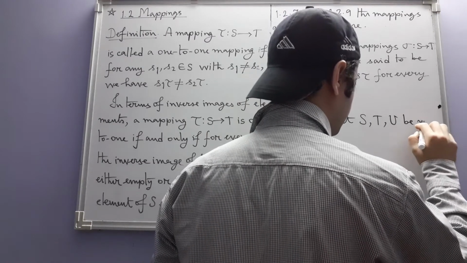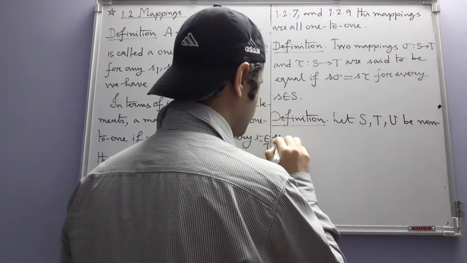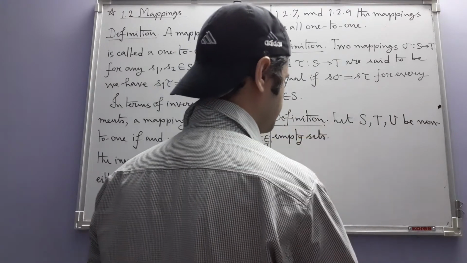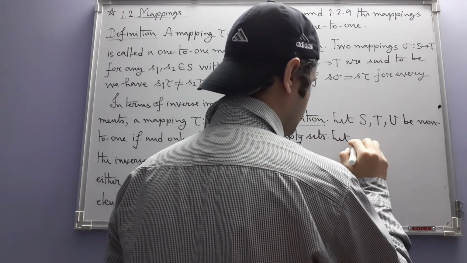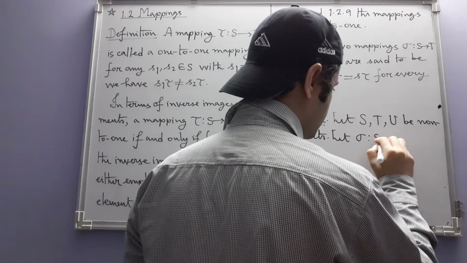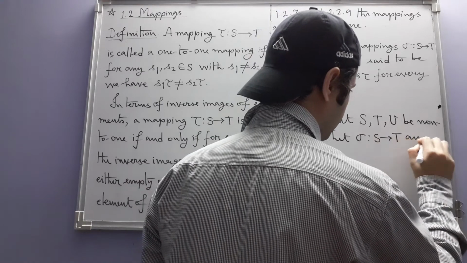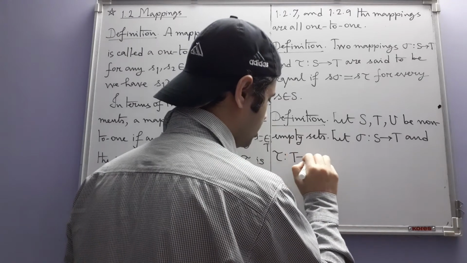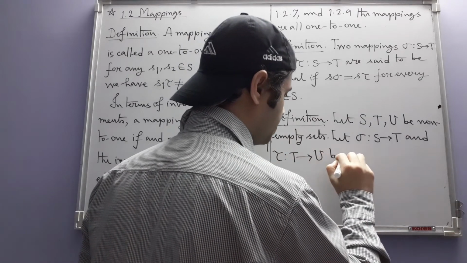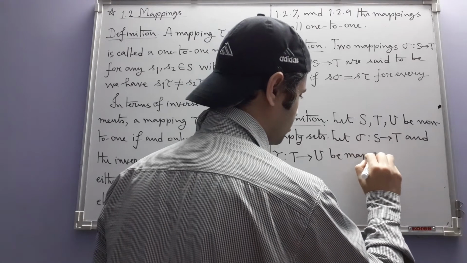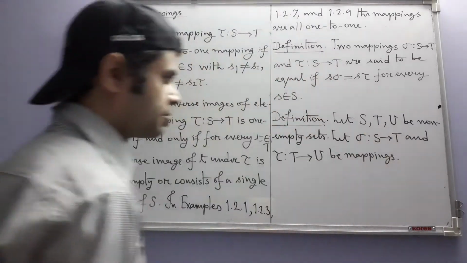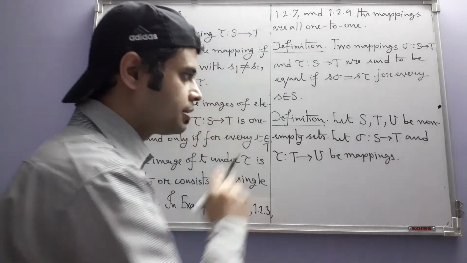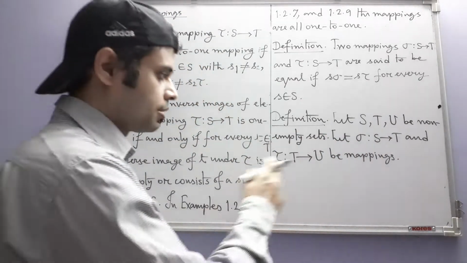Okay, let us just write non-empty sets. Let sigma from S to T and tau from T to U be mappings. Okay, we have two mappings where this T, the intermediate set, is common to the two mappings.